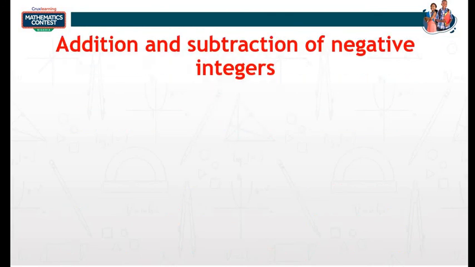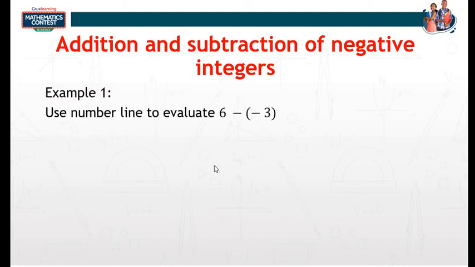Okay, let's look at negative integers. How you can add and subtract negative integers. So here we have 6 minus 3. So we have minus 3. That is our negative integer here. We are not comfortable when we have two operations together.